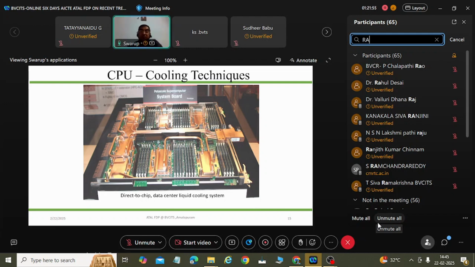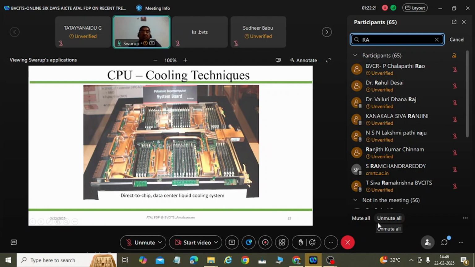Now, if you see this particular image, you can see these CPUs, like say this is an AICTE CPU motherboard, for example. The CPUs have an inlet and outlet. The copper plate has an inlet and an outlet. How do you cool a car?